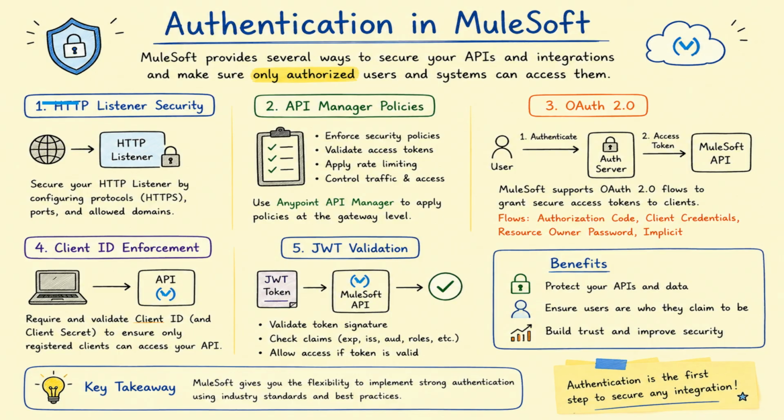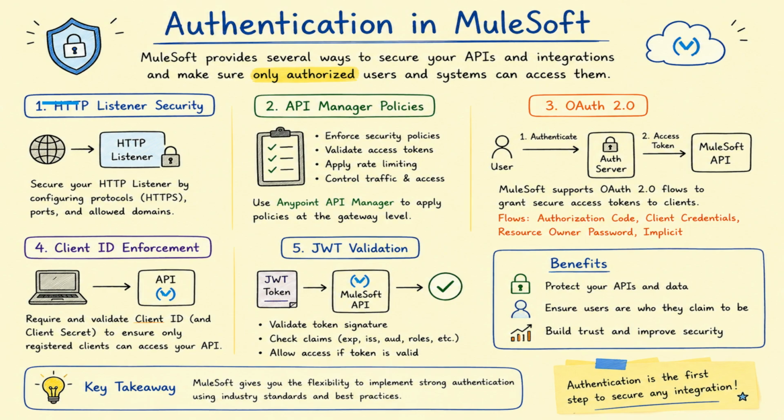Now that we've covered authentication concepts like OAuth, JWT, and API keys, let's see how they are applied in MuleSoft. This slide highlights the main security features available on the Anypoint platform. On the left, HTTP listener security protects incoming requests using HTTPS. API Manager applies policies such as rate limiting and token validation.